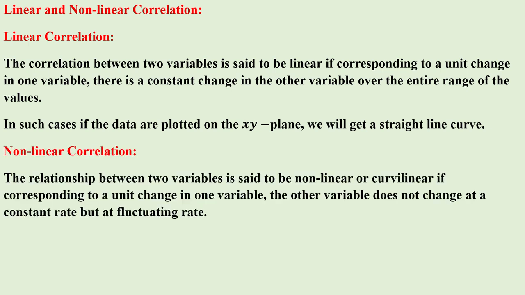Non-linear correlation: the relation between two variables is said to be non-linear or curvilinear if, corresponding to a unit change in one variable, the other variable does not change at a constant rate but at a fluctuating rate. It goes up and down. In the previous case, the change stays constant, so you get a straight line in the xy plane.